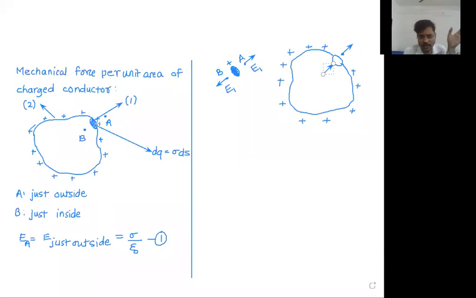It is outside and inside, that I know, but from the perspective of this second conductor, the remaining conductor, point A and point B are very close to each other. So electric field at point A and at point B will not change by much amount, so I will take them equal. Agree, disagree, reply me in the chat box.